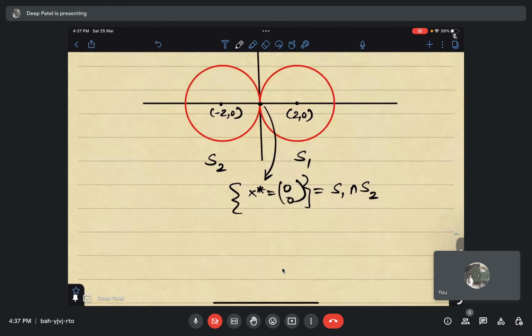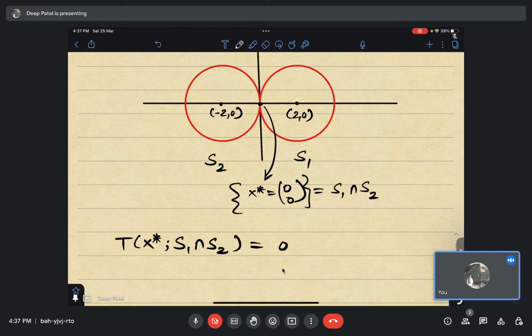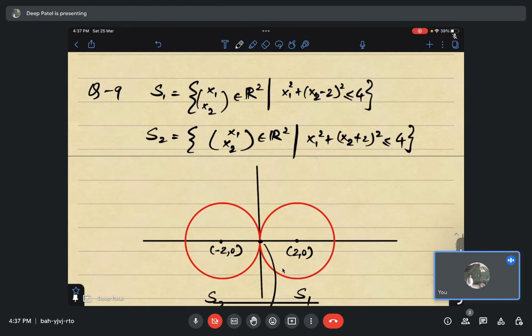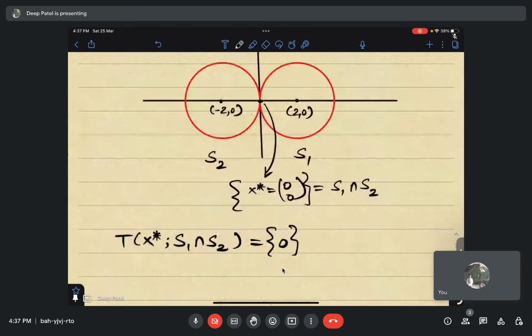So what will be the tangent cone? The tangent cone will be a singleton set, just {0}. That's correct. This is straight from the class, so I'm not writing anything further because it's exactly the same thing.